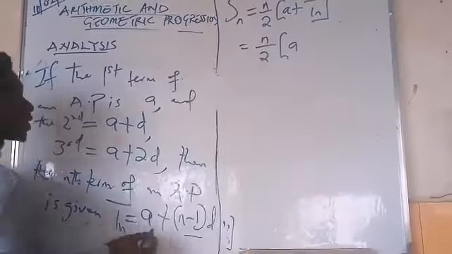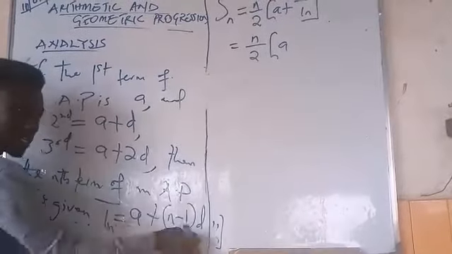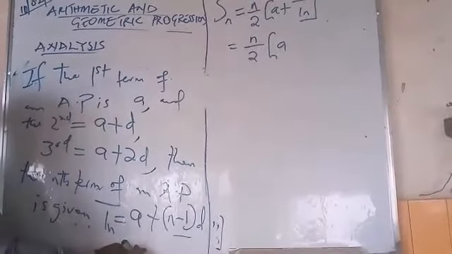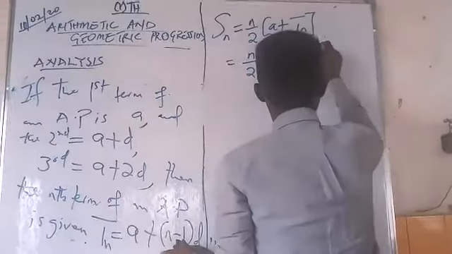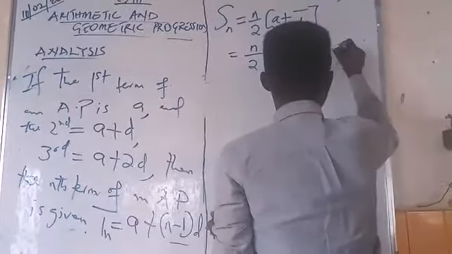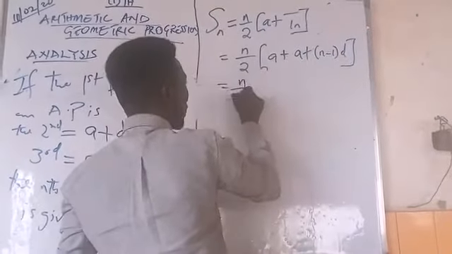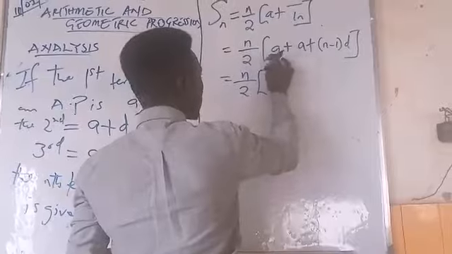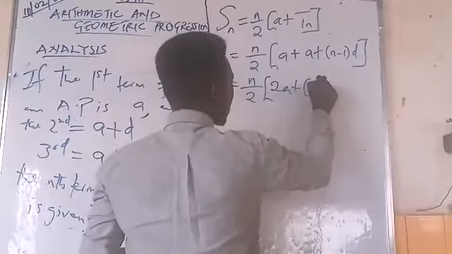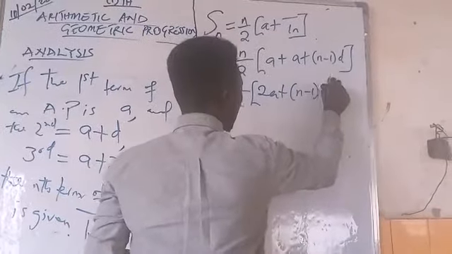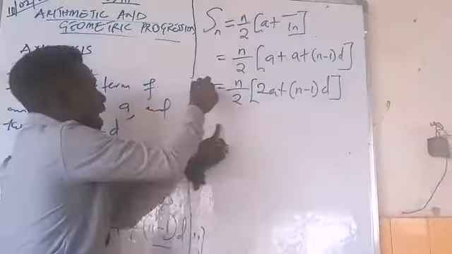What is Tn, the nth term? This is the formula, right? Do you agree with me? Yes. Very good. So if I put it here, I'm going to have n over 2 into bracket 2A, then plus (n minus 1) D. So this is the sum of the first n terms of an AP.